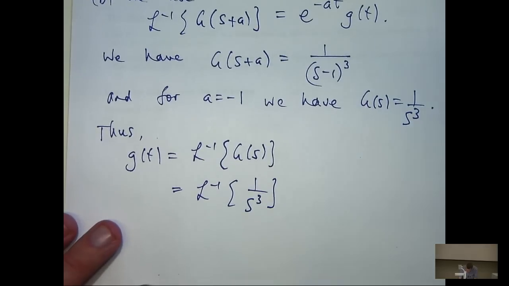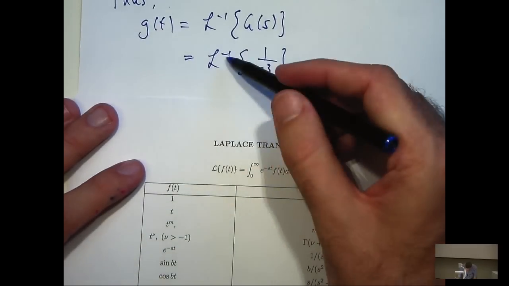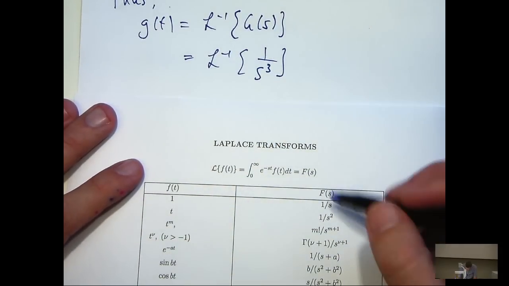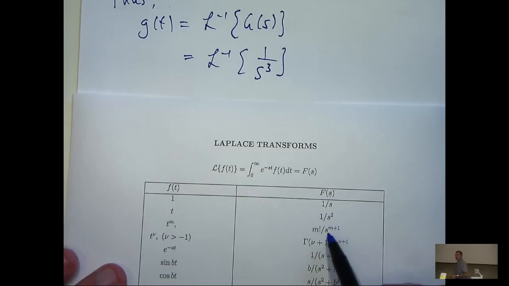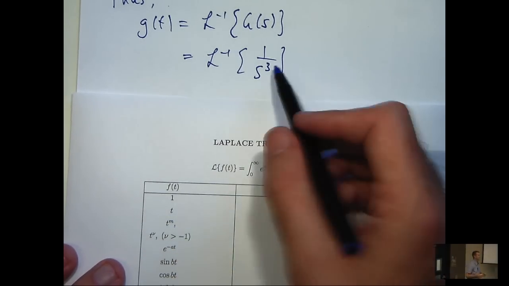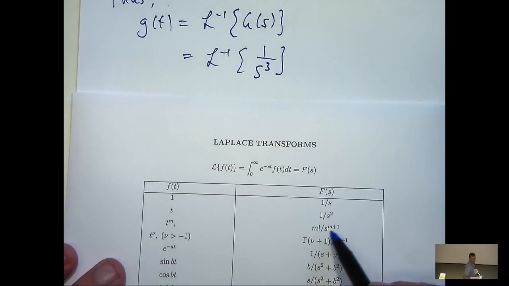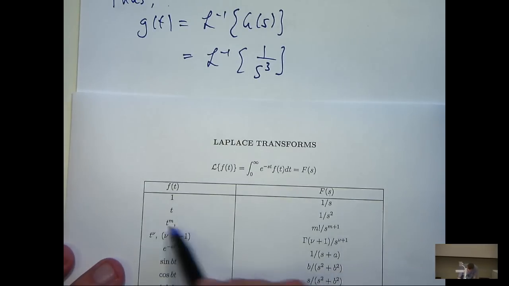Now I'm going to go back to my table and see if I can find the inverse Laplace transform of 1 on s cubed. If I look down here at this third line, for m equals 2 the inverse Laplace transform is going to be something like t squared.